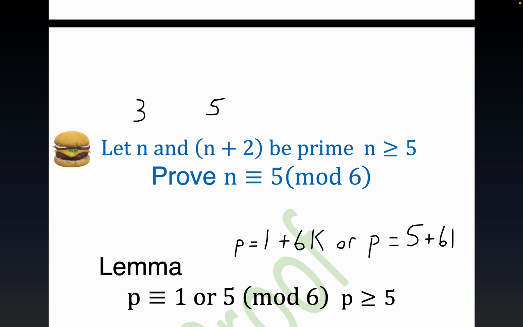These are the equivalent standard ways of stating this modular arithmetic statement. In other words, it leaves a remainder of 1 upon division by 6, or a remainder of 5 upon division by 6.